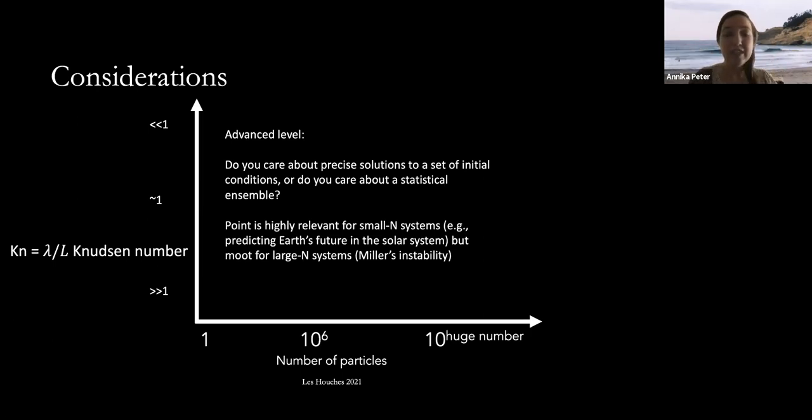One tricky thing is that even for a lot of small N systems, and we're going to talk about this more in a bit today, because when you go beyond the two-body problem, systems are chaotic. You can often only figure out exact solutions, as to whether the asteroid's going to hit you or not, for a limited range of time.